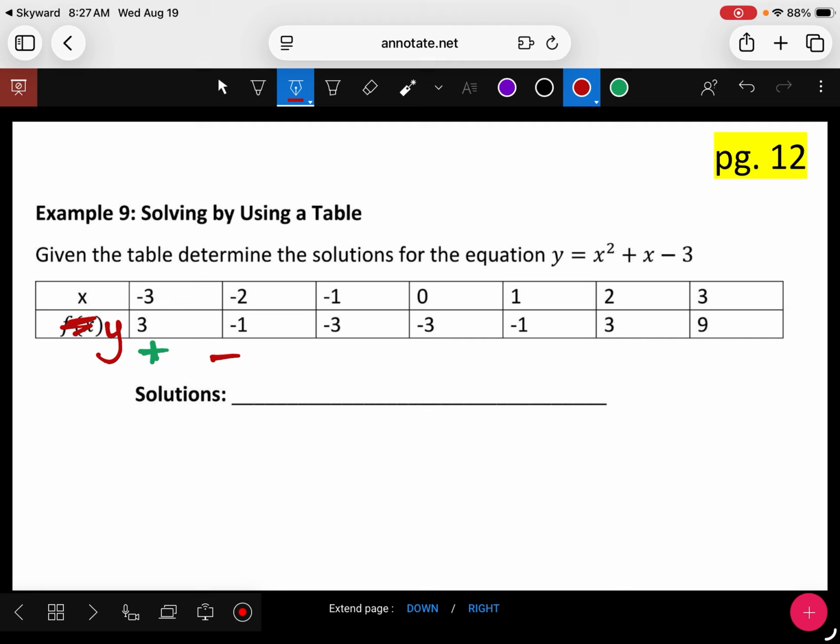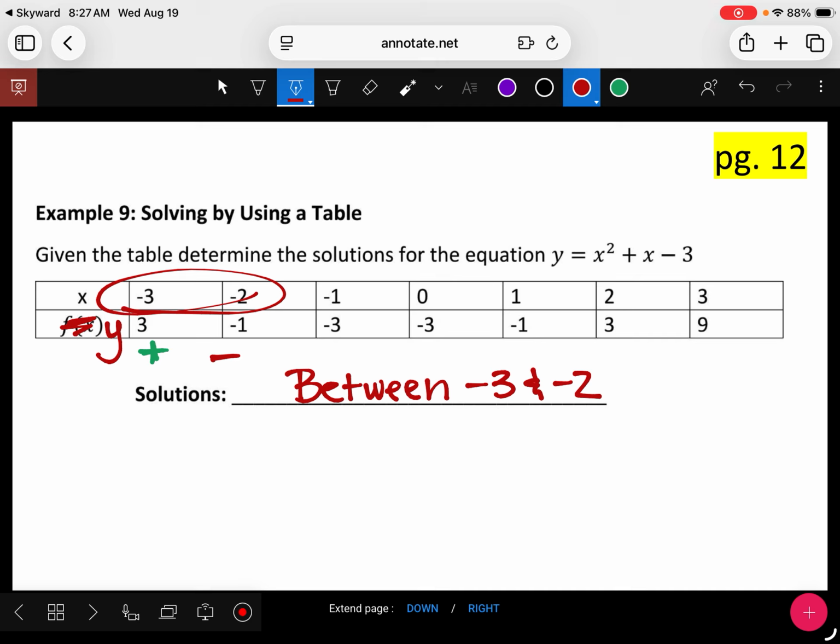So what that tells me is that my first solution is somewhere between those numbers, between the x values. So it's between negative 3 and negative 2. It could be negative 2.5, negative 2.7, negative 2.999, but it's not negative 2, it's not negative 3, it's a number in between because we had a sign change for our y value.